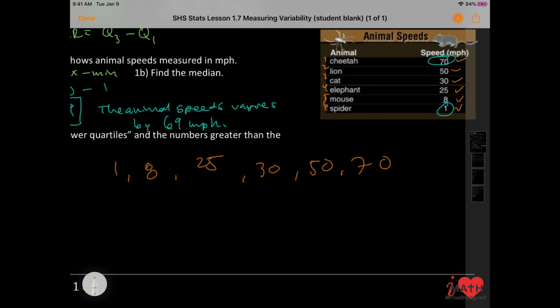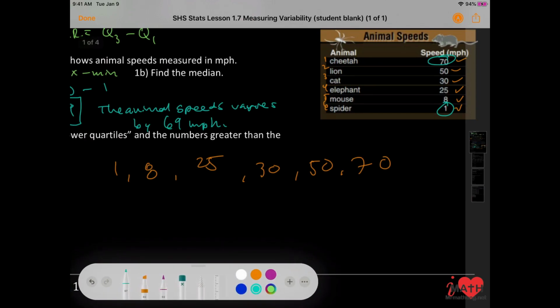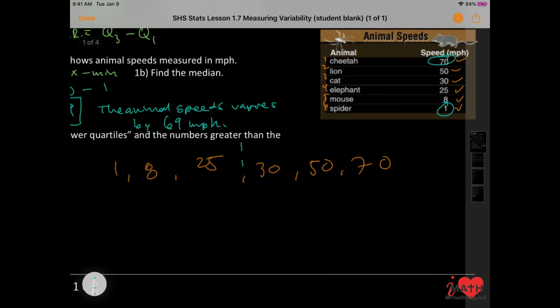So the median is right here where my line is. Do you see that? There are 3 numbers to the left, 3 numbers to the right, so it's between the 3rd and 4th numbers. We basically just have to find the average of those 2 values. 25 plus 30 divided by 2, so that gives me 55 divided by 2, and this gives me 27.5 as the median.